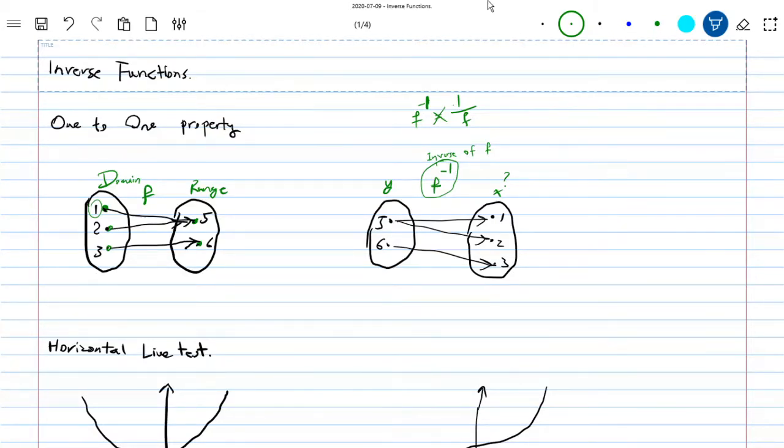So here, for example, if I look at the range and pick 5 and 6 and ask you, what is the corresponding x value if I pick y equal to 5? You'll say it should be either 1 or 2, because if we look at 1 and 2, they both give you the y value of 5. So the original x value must be either 1 or 2.